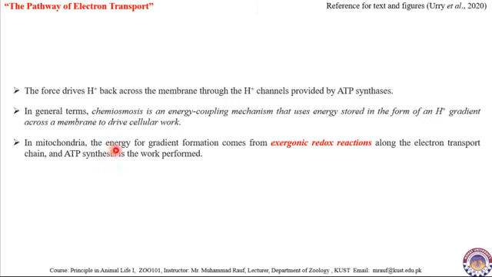In mitochondria, the energy for gradient formation means the energy for drawing the hydrogen ions from the mitochondrial matrix into the intermembrane space. This energy is provided by exergonic redox reactions along the electron transport chain, and ATP synthesis is the work performed.